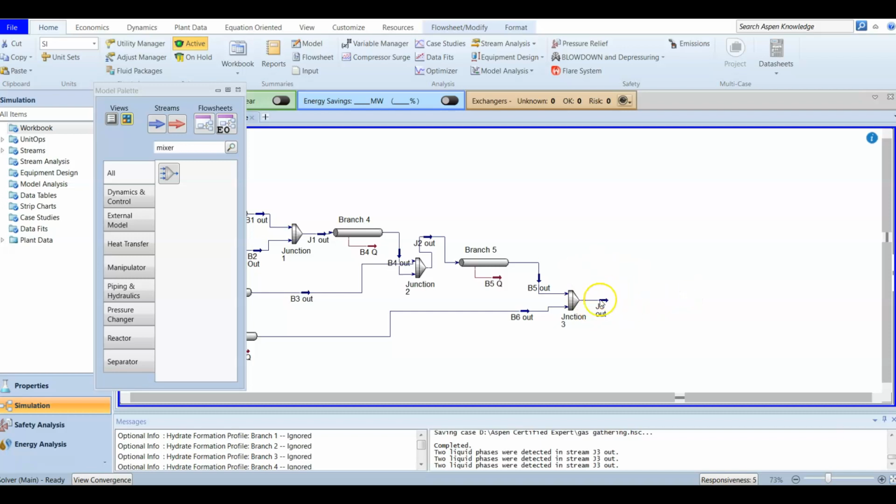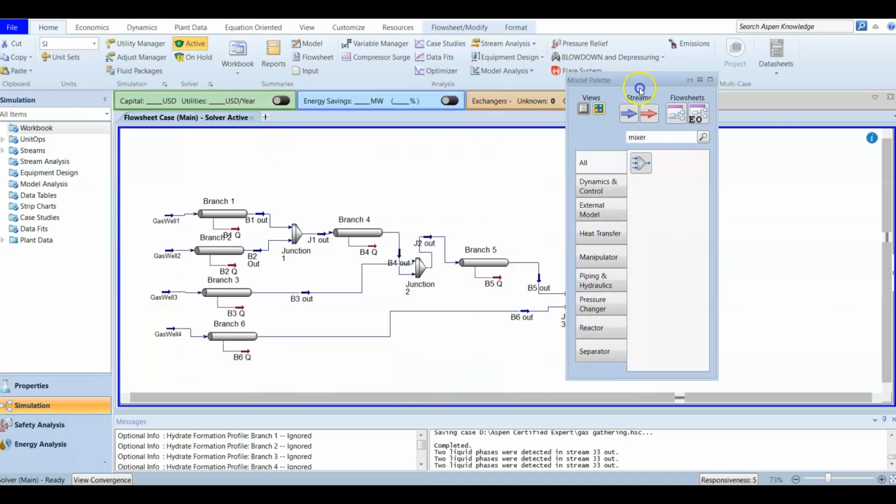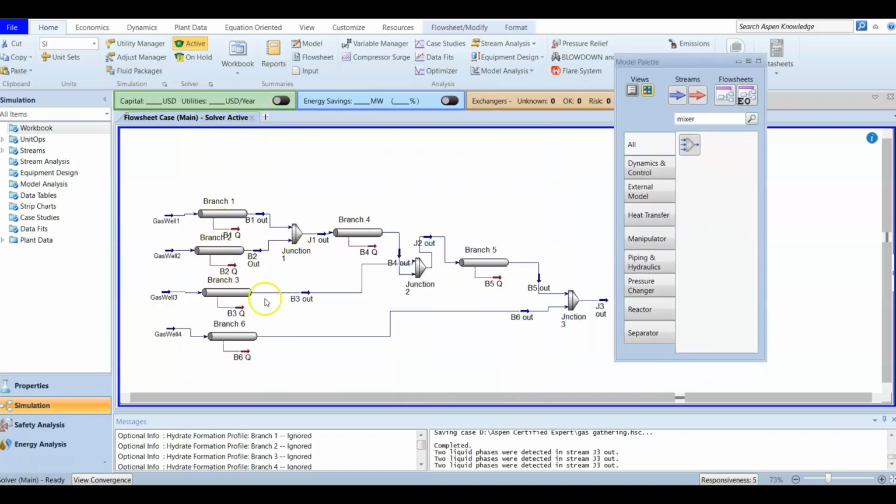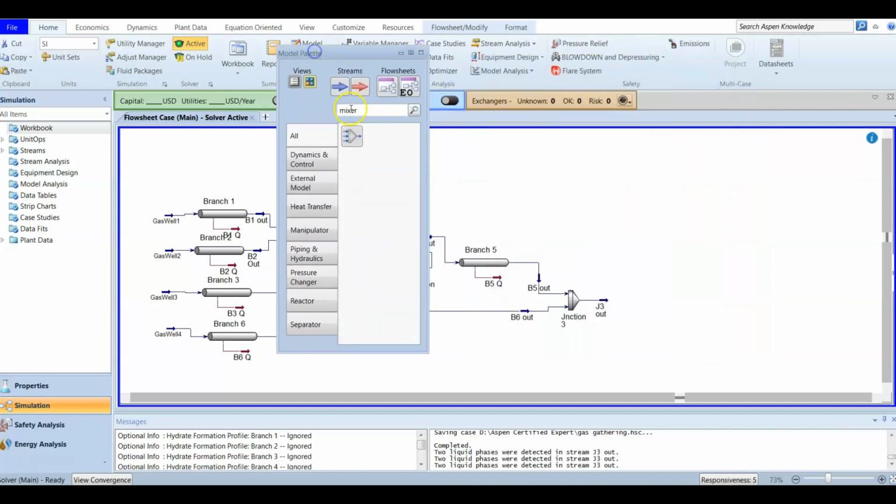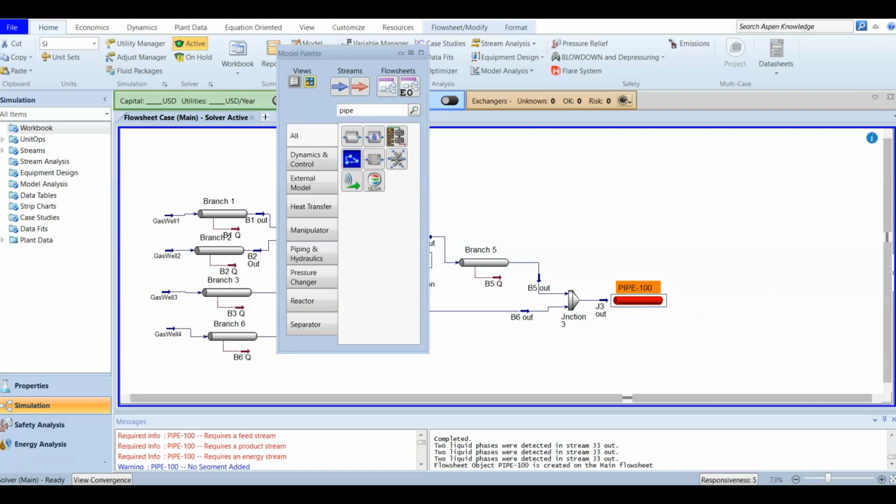So now we have finished our information here, but still we need to add our final pipeline. Those branches here are all mixed, and at the end they must flow through our final pipeline, or our last pipe segment or branch. So we are going to add it here, and it will be our branch.